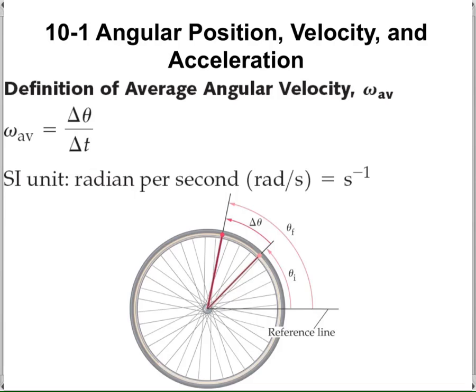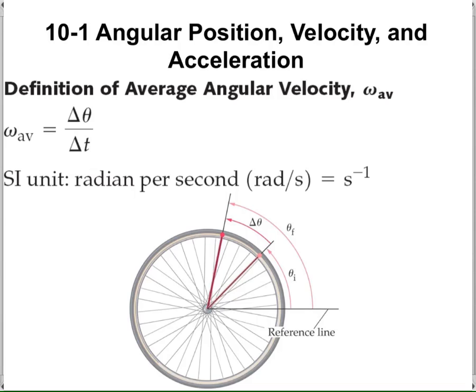If any point makes delta theta radians in 1 second, any other point on this wheel, be it on the rim or on any other part of the wheel, has the same angular velocity. So the angular velocity is not only for one point, but for all points of any rotating object. And the unit for it is radian per second.